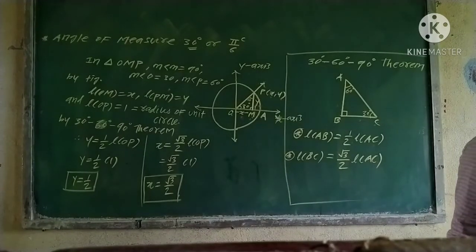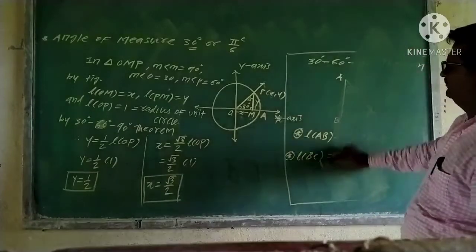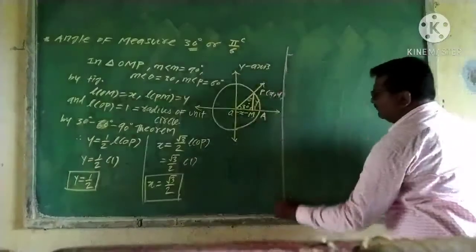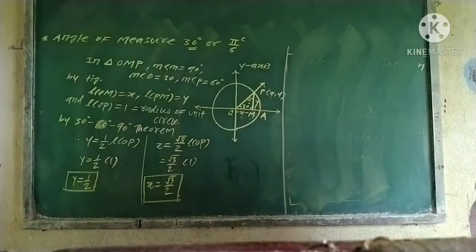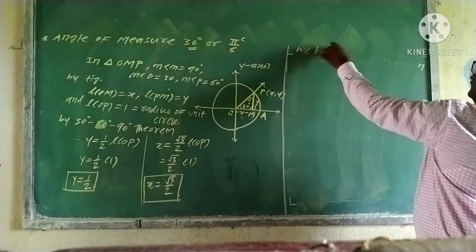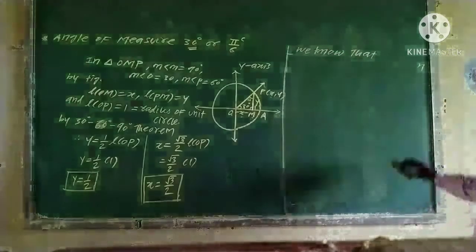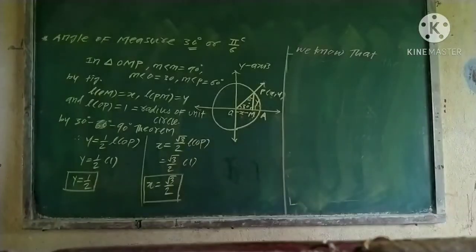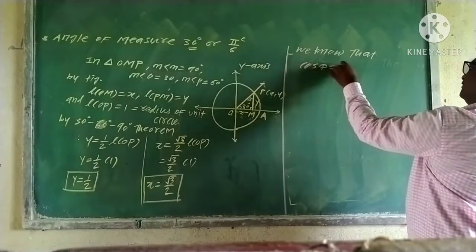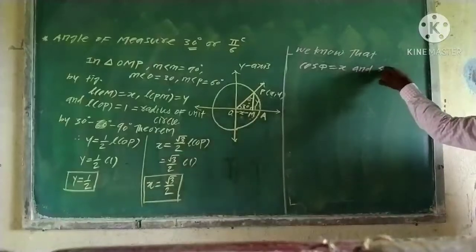Now here, our basic concept, our basic terms. We know that cos of theta equal to x and sin of theta equal to y.